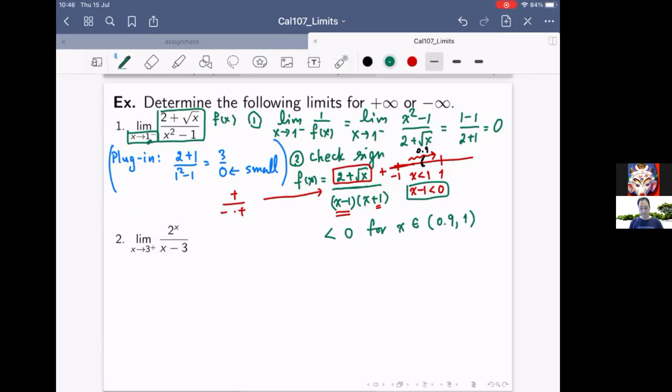So you already determined that this one must be negative sign. So from the 1 and the 2, it means that this limit, as your x goes to 1 on the left of this fraction, equals negative infinity. This one determines a negative, this one determines an infinity. We get?